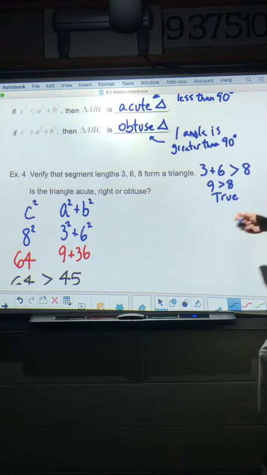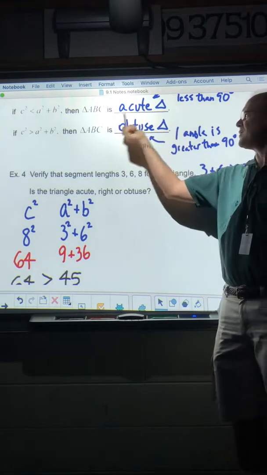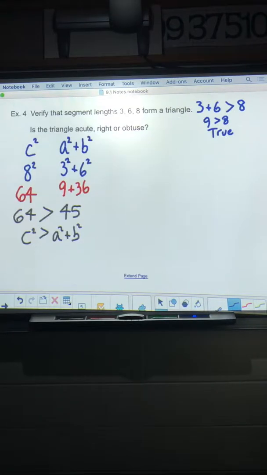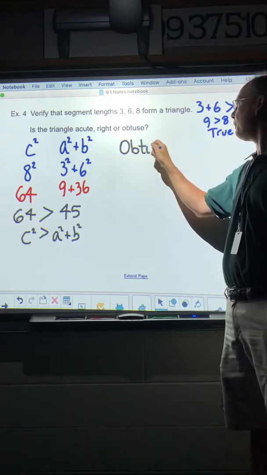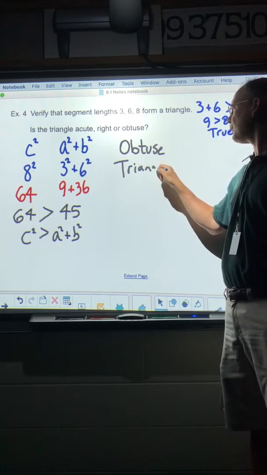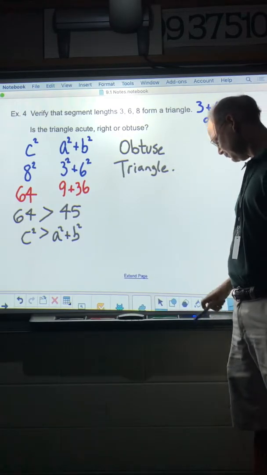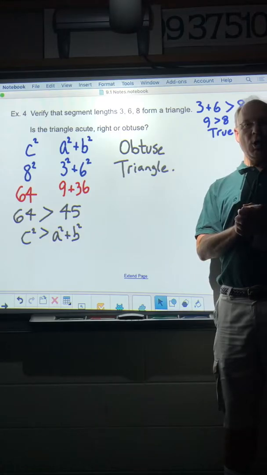Okay, so we said if C squared is greater than A squared plus B squared, then it's obtuse. So the answer is that this is an obtuse triangle. Okay.